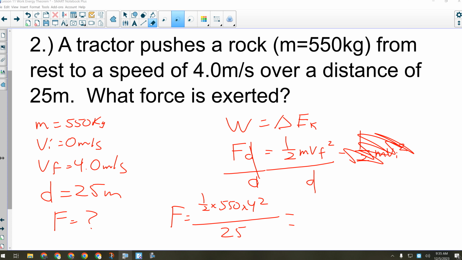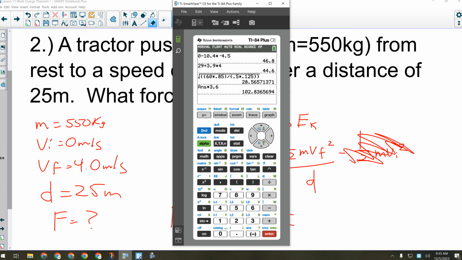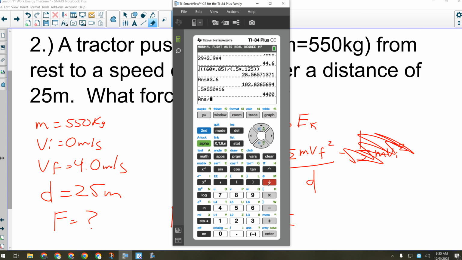Most common mistake is people forgetting to square. So 0.5 times 550 times 16, 4 squared. Divided by 25, not 550. 4,400, divided by 25, is 176 newtons.